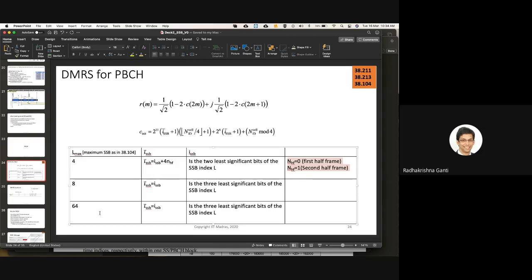For the 64 case, you get only the last 3 bits. The other MSBs, I'll tell you in a minute. This is how they use the correlation of the DMRS sequence to understand which index of the SS block you have transmitted.